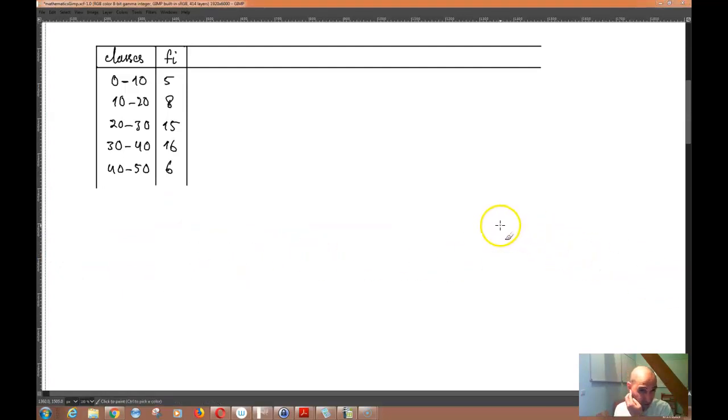So let's see, in order to find the mean of this data, and the standard deviation, you can use this formula.